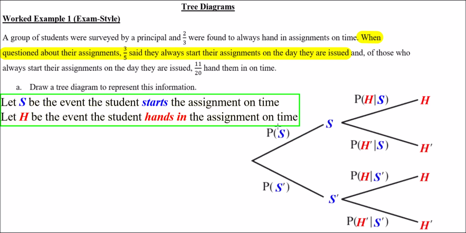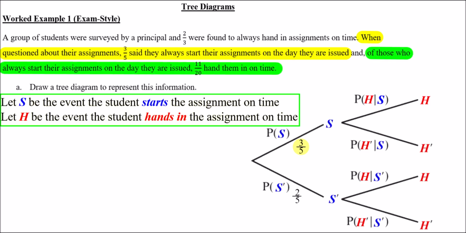So this value here, the probability of starting on time, would be 3/5. Now, the sum of all the values in each set of branches always needs to add up to 1. So if this is 3/5, this value down here must be the other 2/5. In other words, 1 take away 3/5 gives us 2/5. So we can add this on down here, like so.